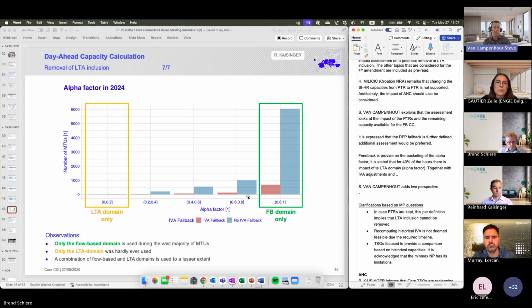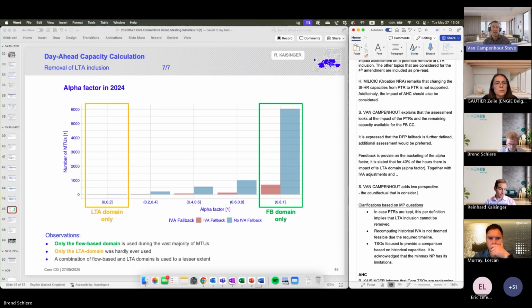Secondly, we know from the discussions that we had until now with LTCC that it will be more difficult to reach bigger flow-based domains in LTCC when keeping LTA inclusion than when removing it, because it's exactly the operational security aspect in a coordinated way that would articulate itself during the LTCC process already. So we have to be mindful about which counterfactual we are talking about. For me, that's one important perspective in this discussion.